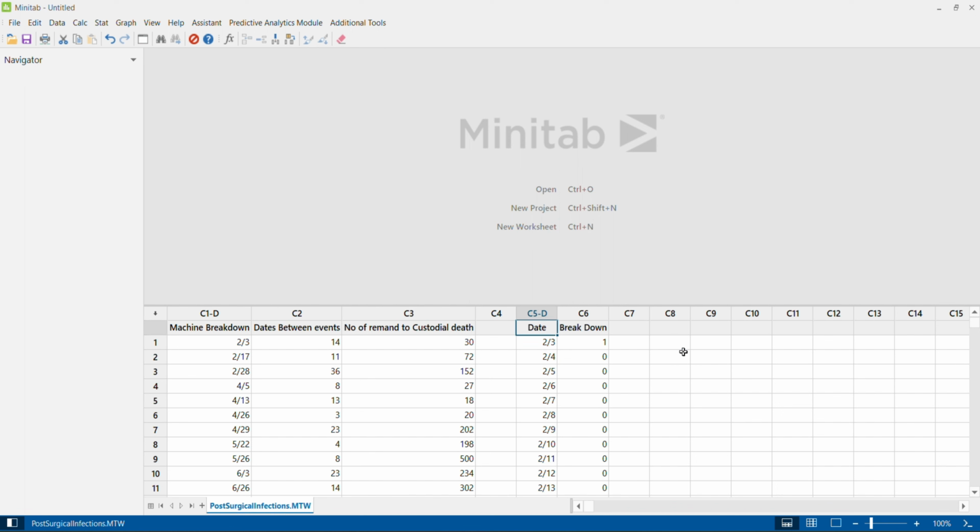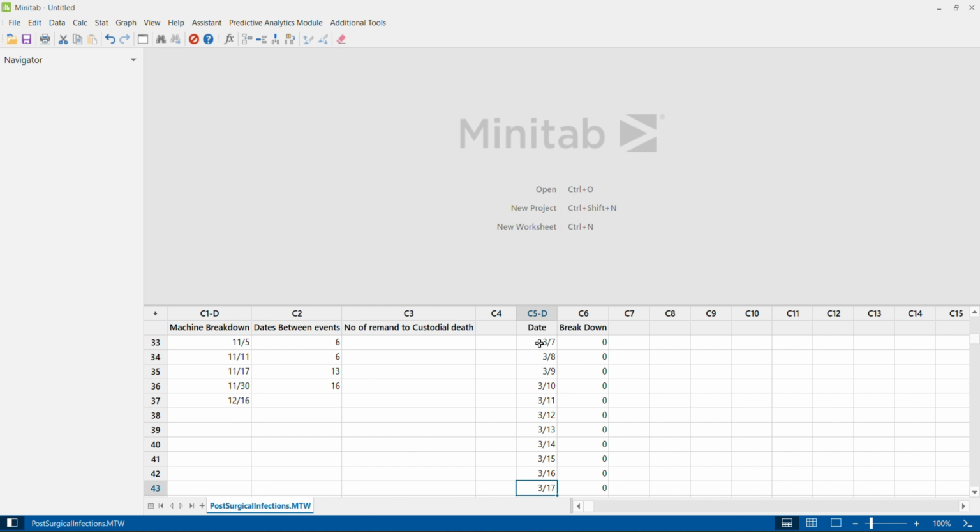So I have this information date wise, from 3rd of February. Every day I have data for breakdown. On 3rd of February there is a breakdown that is reported, and then on 4th of February, 5th of February, like that there is no breakdown. And if I scroll down, on 28th of February there is a breakdown.